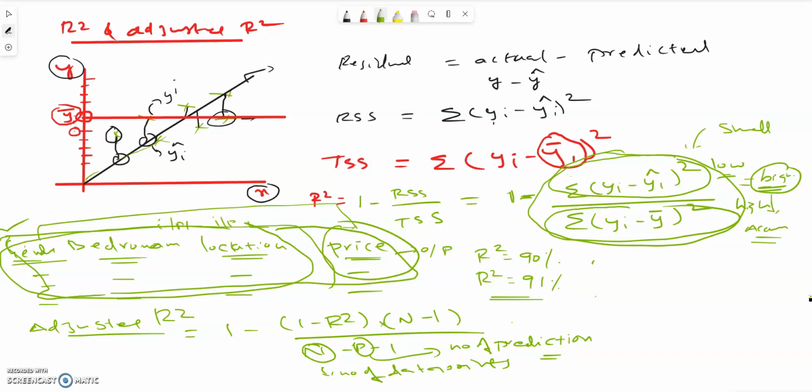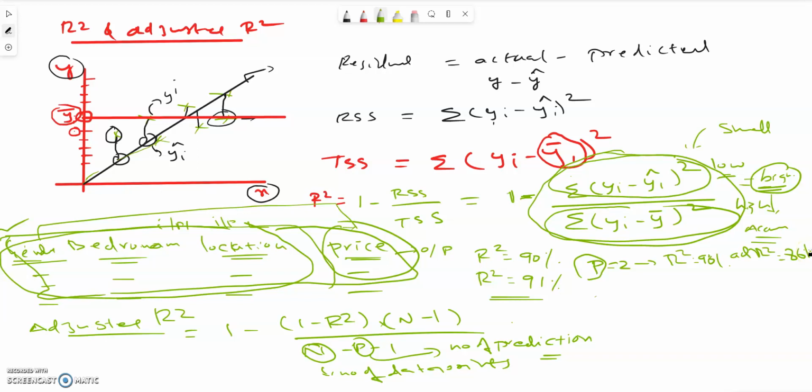So let us say p is equal to 2 initially. P means the number of predictors, number of features. Here when p is equal to 2, we have got r square equal to 90%, right? We also have adjusted r square, which we have got as some 86%.